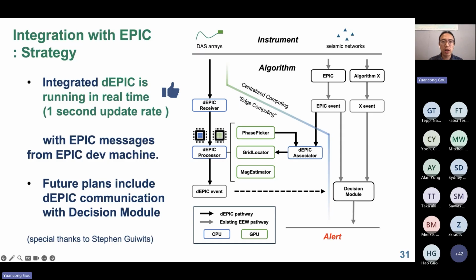This integrated dEPIC is actually running in real time, and we have a 1-second update rate, and we continuously listen to the dEPIC messages and do the association. Now the DAS module is outputting the dEPIC event messages, and in the future we can push them into the decision module in ShakeAlert to make this consistent.